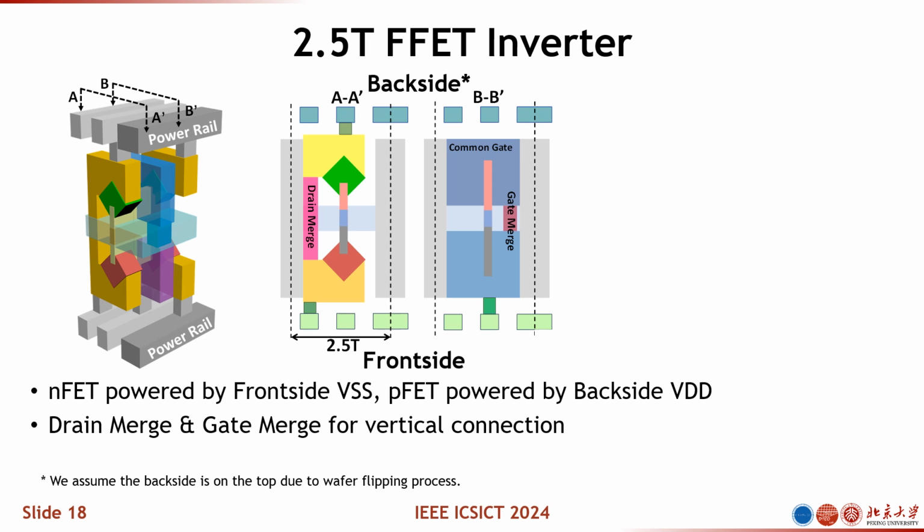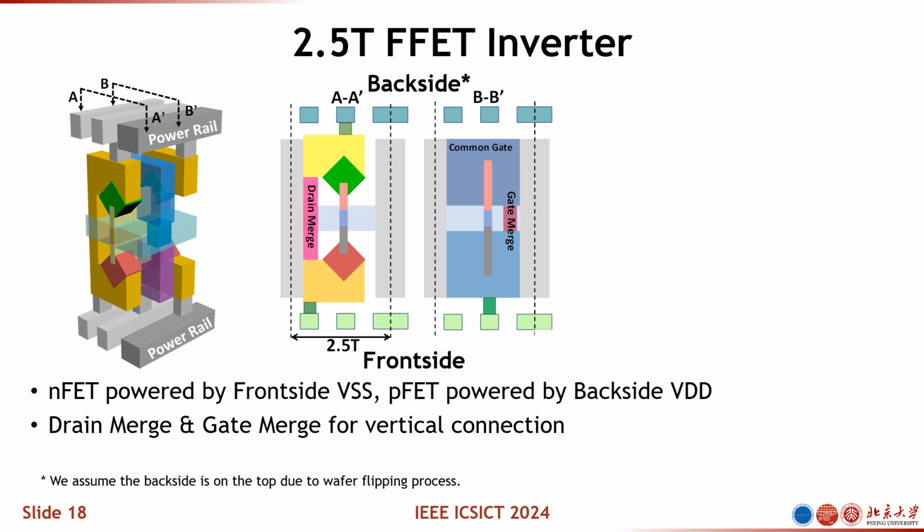For example, if you want to do an inverter, you would need to connect the gate of the front side and back side together. And you would also need to merge or connect the drain part of the top and bottom transistor. So in that case, you will need to drill a via to connect the gates and also the drain to form an inverter.